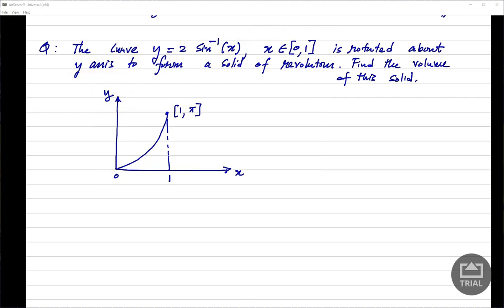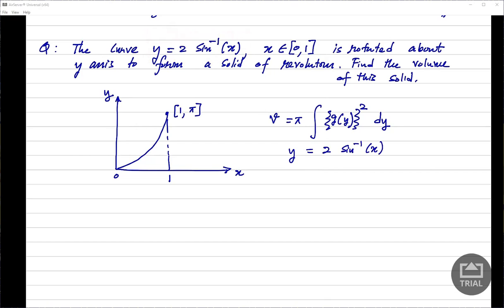Okay, so now we'll stick with the fundamentals. Now, V is equal to pi integral. You are revolving around y, so it should be dy. So this is a function of y, squared. But what we have here is y as a function of x, so it's 2 sine inverse x.